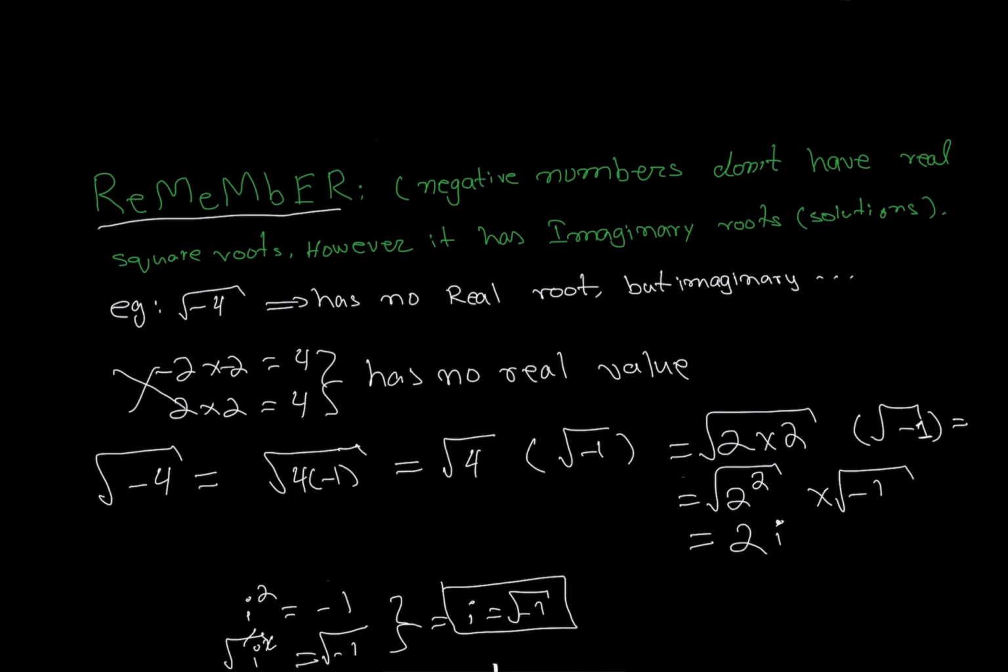And to prove that back, let's do a reverse proof. 2i times 2i equals 2 times 2, which is 4, and i times i is i squared. Correct? So what is i squared?